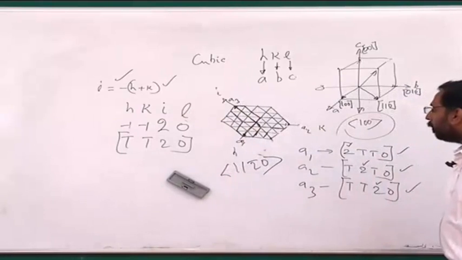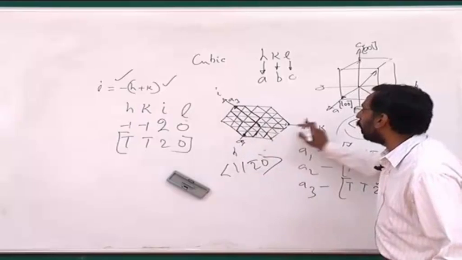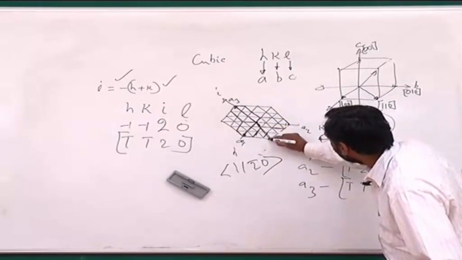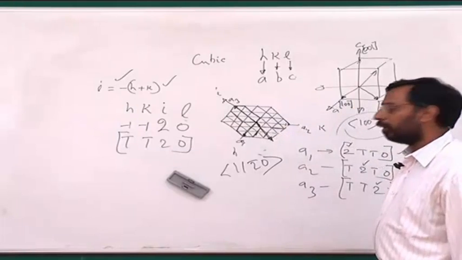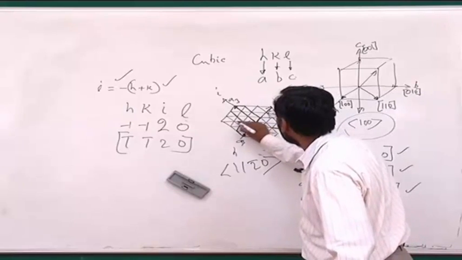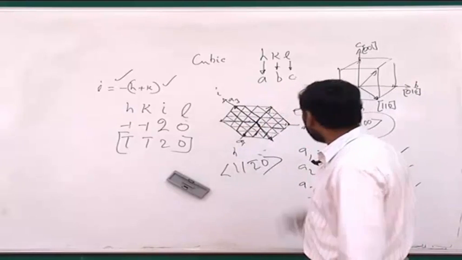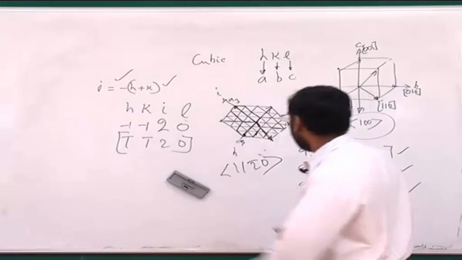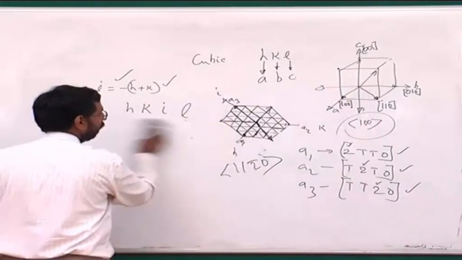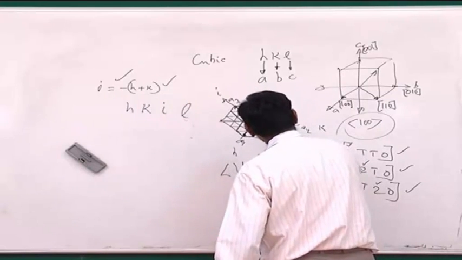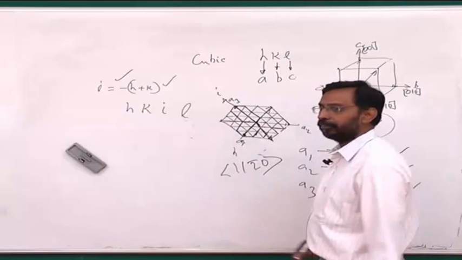Now you may ask me, sir, you have shown me A1, A2, A3. Can I also show this vector? So let us choose one of these. There are three such vectors. This is also one vector. So let me choose this vector and show what it is. Again, how do I come? I start from here, move in this direction and move in this direction.